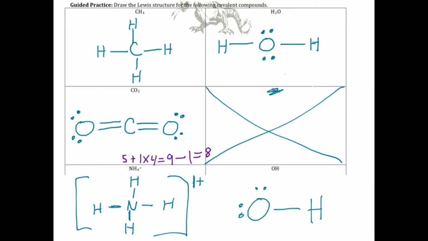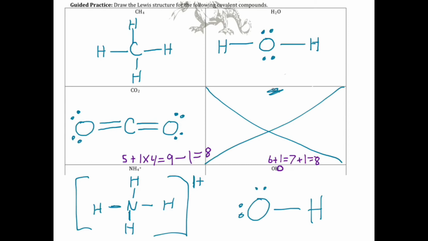All right, so oxygen has 6 valence electrons. Hydrogen has 1 valence electron, and this equals 7. However, how did it become a negative charge? By gaining an electron. It became negatively charged because it gained a negative electron, and this is 8.